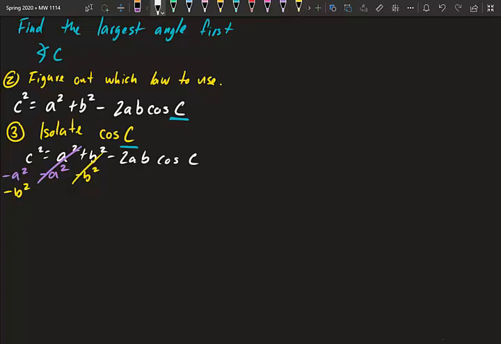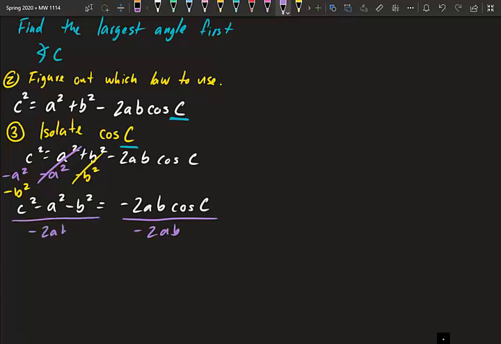So on the left side, we have C squared minus A squared minus B squared equals negative 2AB cosine C. Last thing we're going to do is divide by negative 2AB. So to find cosine C, we're going to use C squared minus A squared minus B squared over negative 2AB equals cosine C.